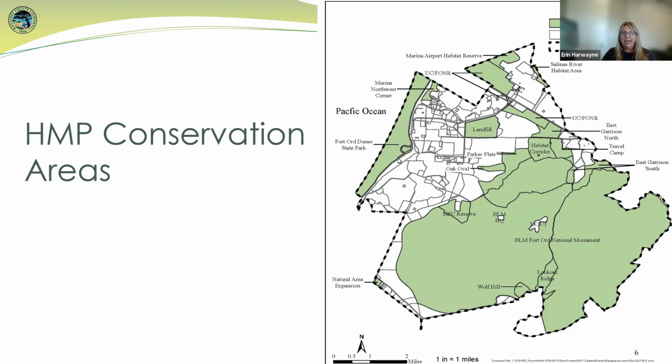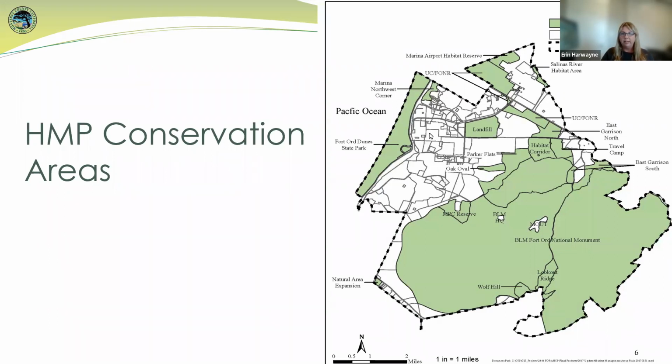Thank you. That's great. So Fort Ord Dune State Park, for example, is west of that Highway 1 area, and that's obviously a habitat area shown in green. Heading east, Marina has a number of areas in the north.